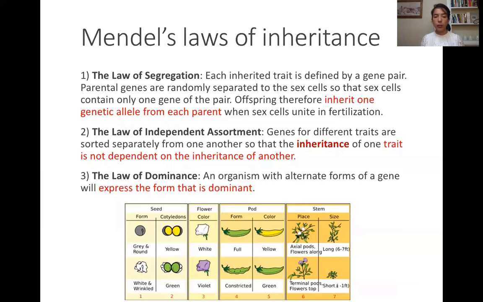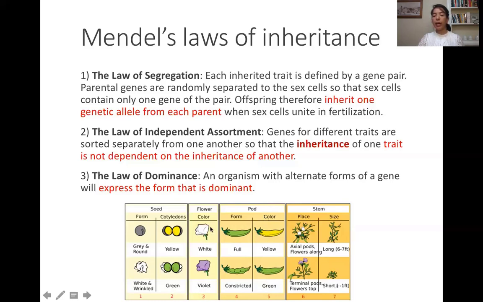Okay, let's go to the second law, the law of independent assortment. This law is saying that the inheritance of one trait is not dependent on the inheritance of another trait. He concluded that because when he did crosses, he could have independence of the ratio of the flower color, and that trait wasn't linked to, let's say, the color of the pod.